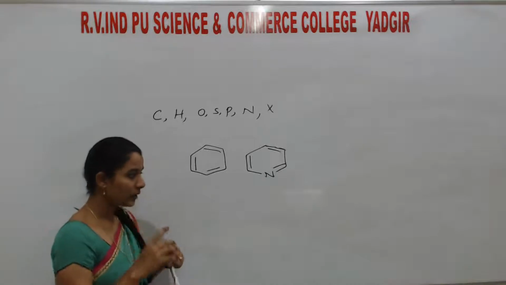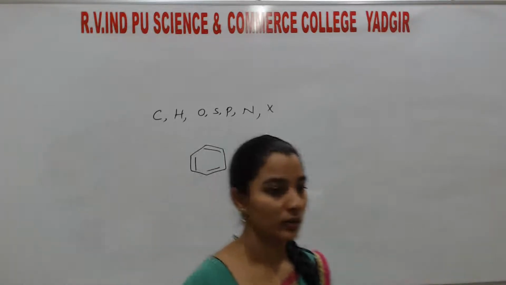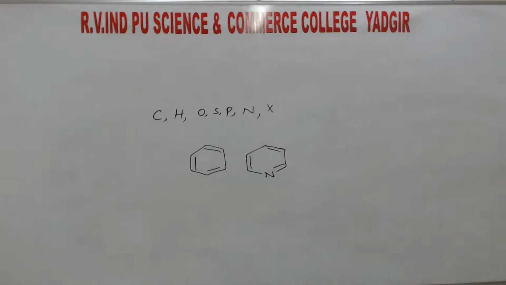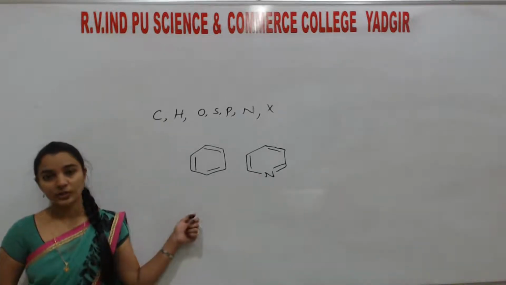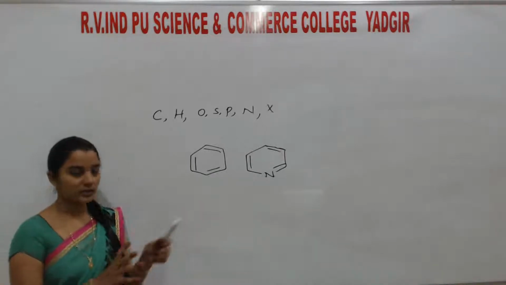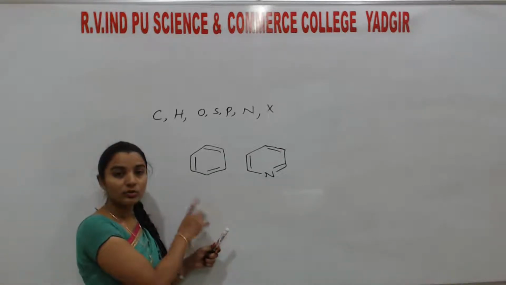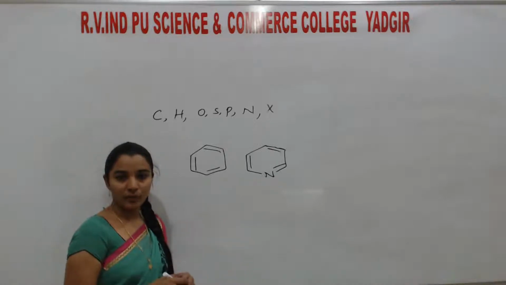Understood? I hope in the 10th standard you already know the gases formed. H2 gas is formed when zinc is treated with H2SO4 or HCl. Zinc granules are treated with any acid, then H2 gas will form.